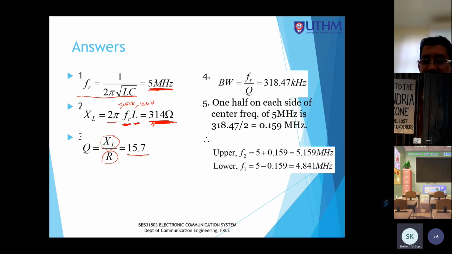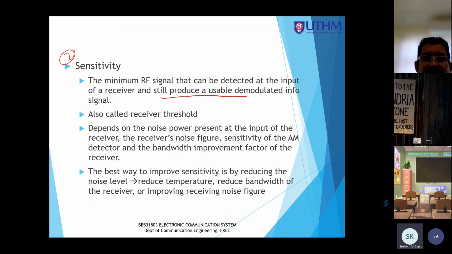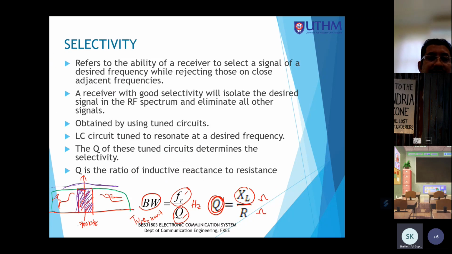And then the next questions, okay, soalan seterusnya, dia tanya, what is the bandwidth of the tuned circuit? Berapa bandwidth tuned circuit ni sebenarnya? Okay, apa itu bandwidth tuned circuit? So again, saya flashback. Bandwidth tuned circuit adalah bandwidth yang telah terpilih.